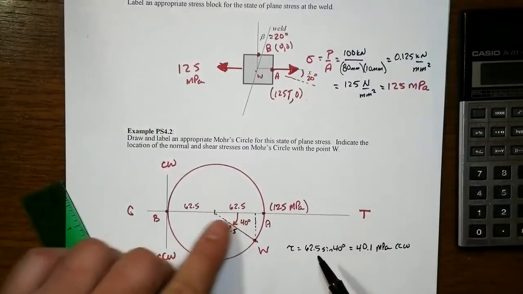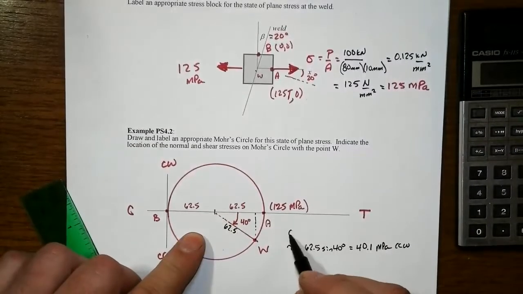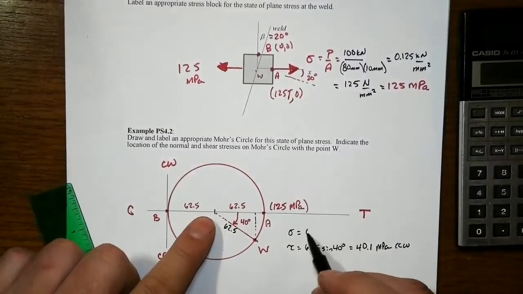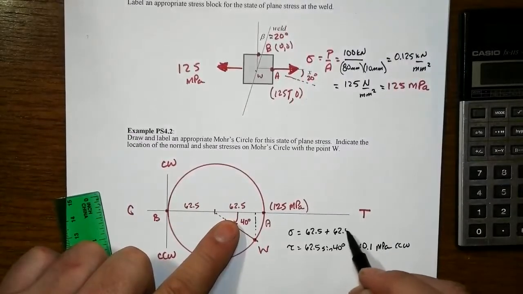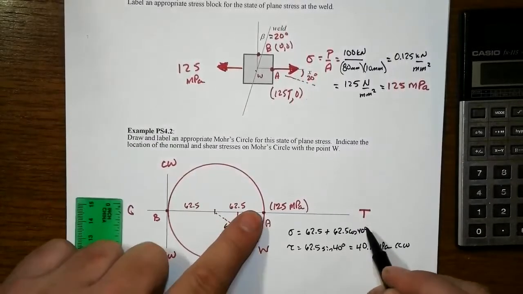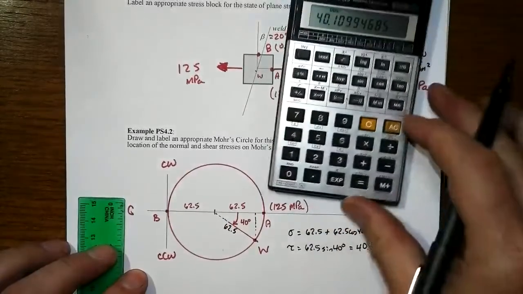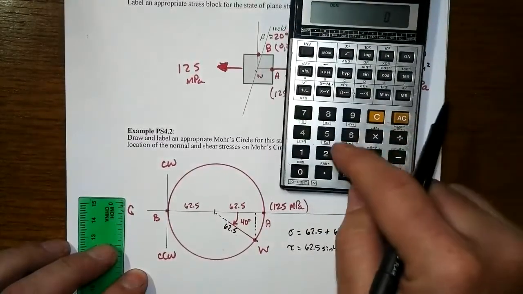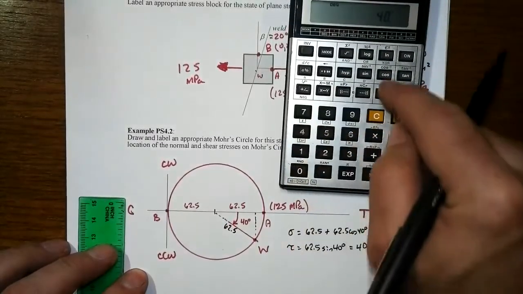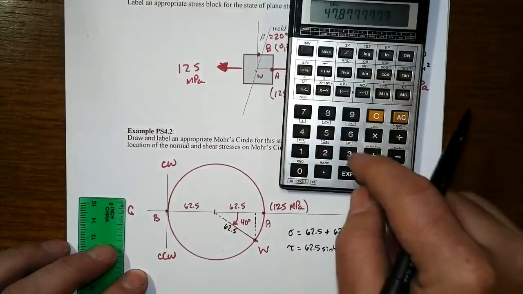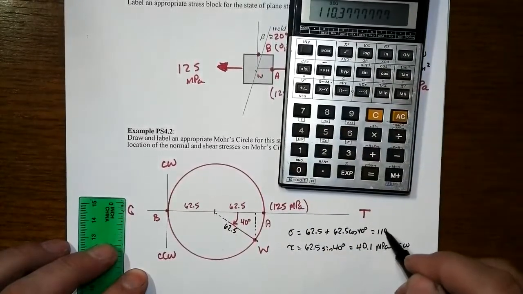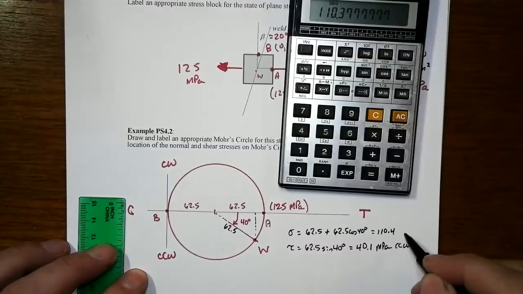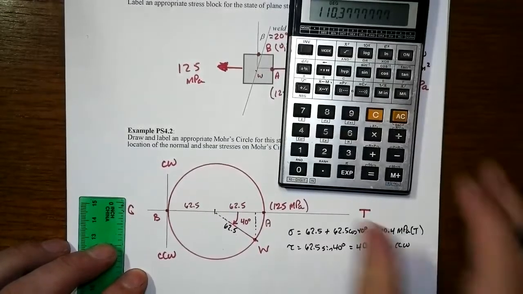Then we need to find this other one, our normal stress. That will be the average, 62.5, plus 62.5 times cosine of 40 degrees to get out to that coordinate. 62.5 times cosine 40 plus our 62.5 is 110.4 megapascals in tension.